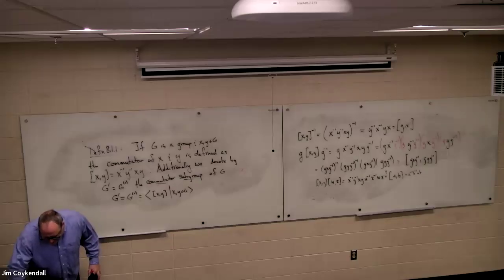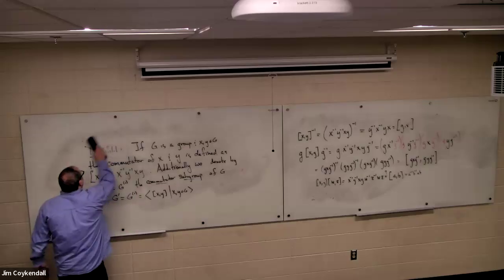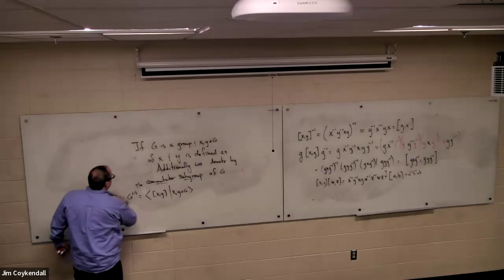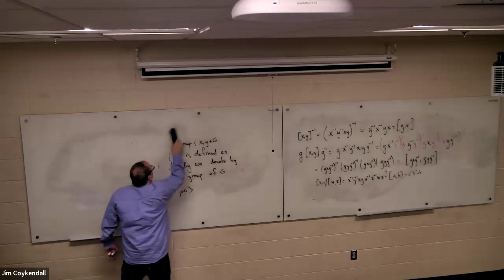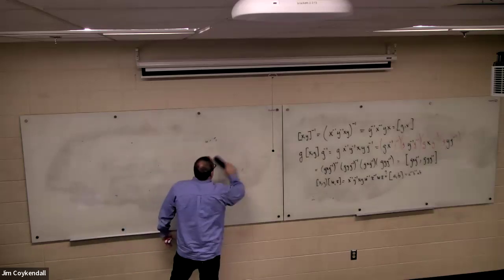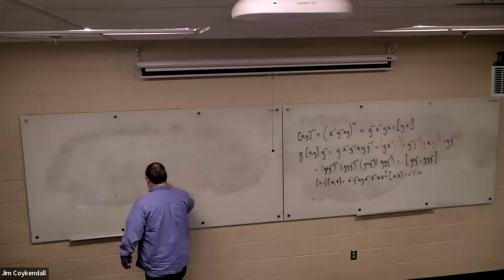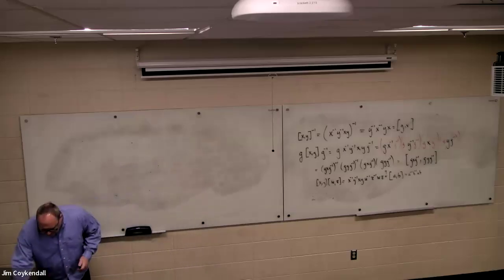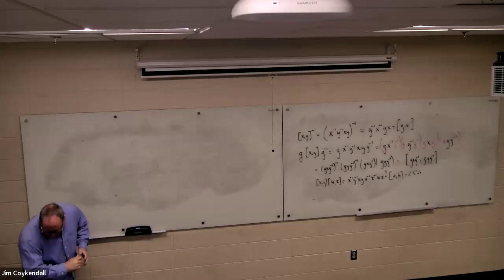Let me give you a theorem that concerns us. Some of this stuff you've already done in the homework, and some of it is maybe a little bit new. So theorem 8.12.